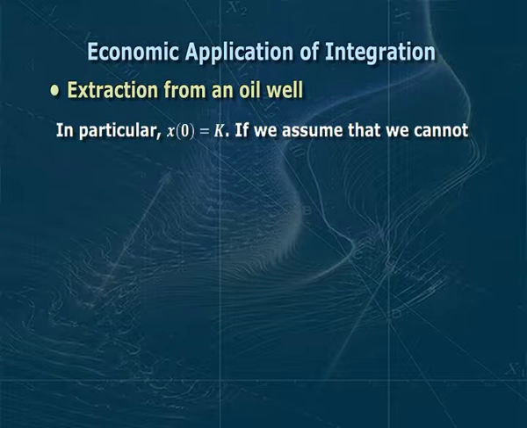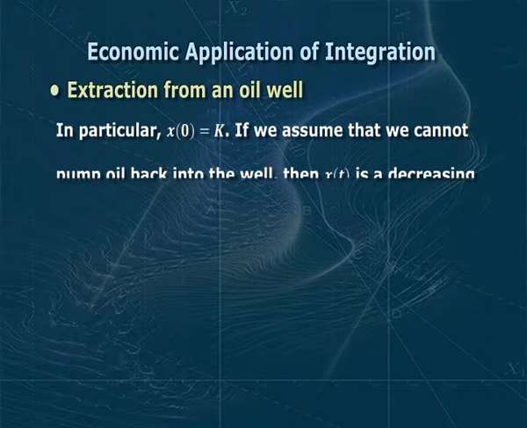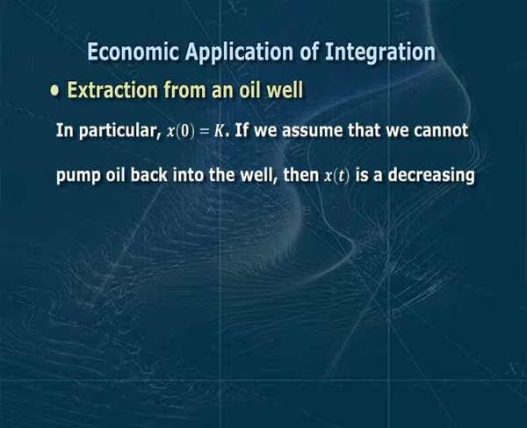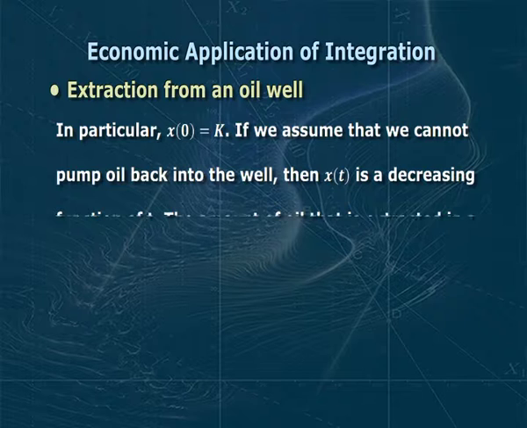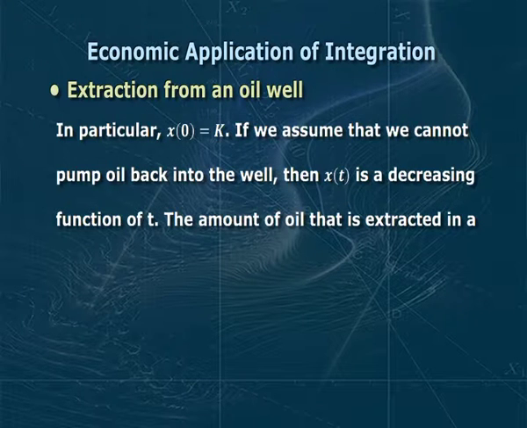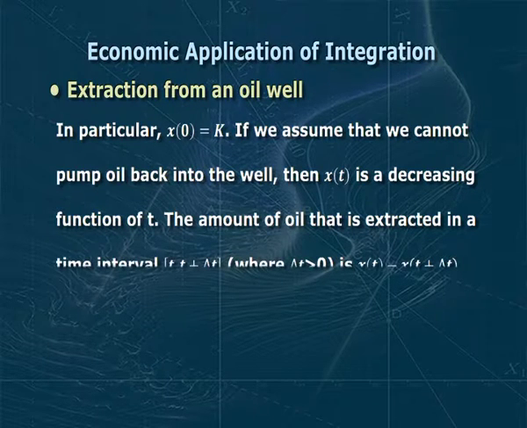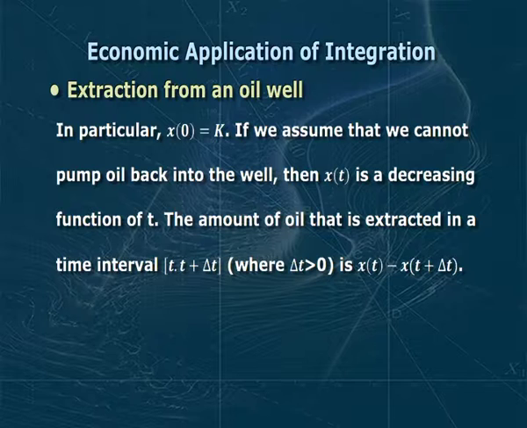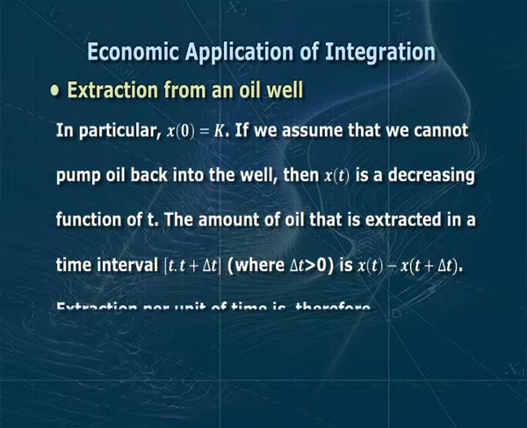If we assume that we cannot pump oil back into the well, then x(t) is a decreasing function of time. The amount of oil that is extracted in a time interval [t, t plus delta t], where delta t is greater than 0, is x(t) minus x(t plus delta t).